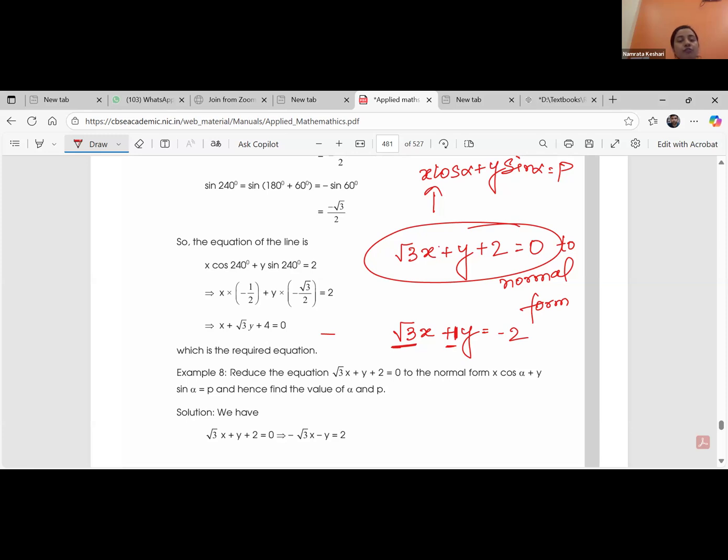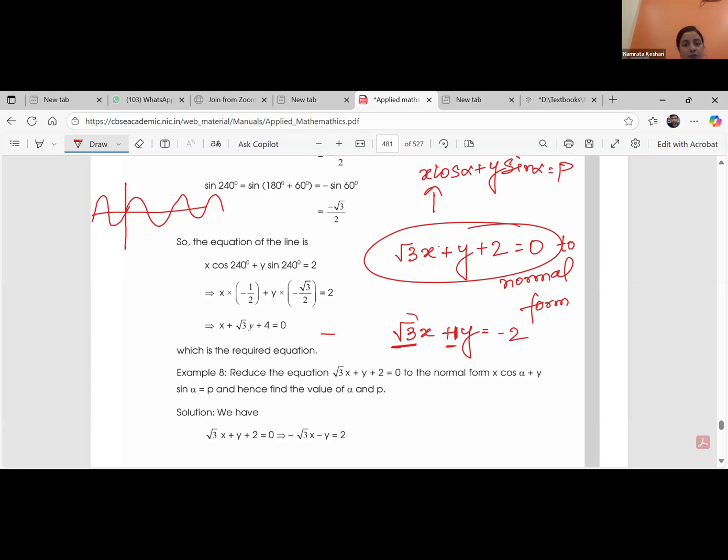For sine and cos, the same values will be repeated: root 3 by 2, 1 by 2, just 1 or maybe 0. If you understand the sine function, the graph is like this, it repeats the same values again and again with positive or maybe negative sign.